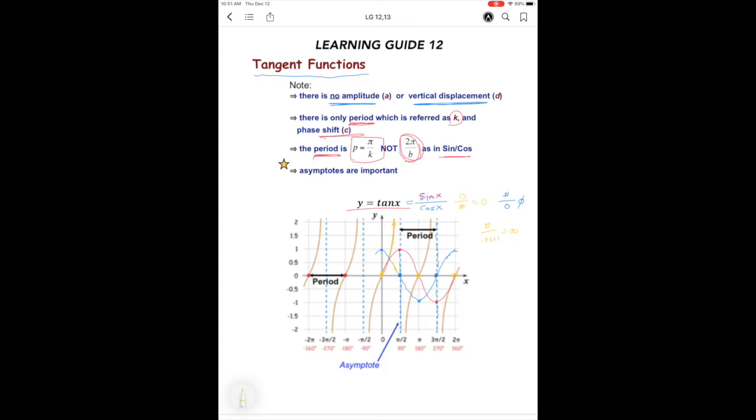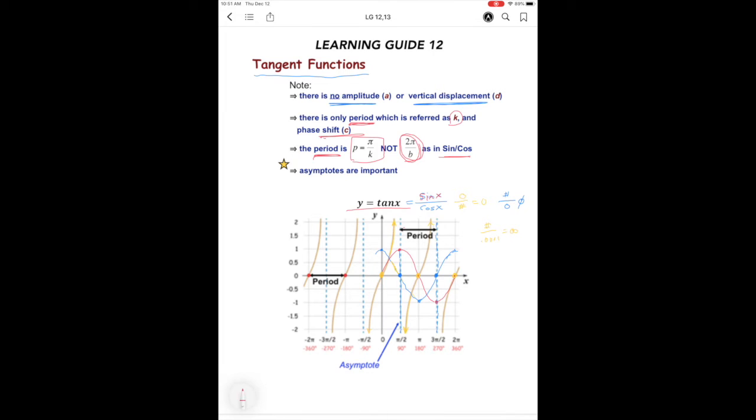That's why you see this guy shooting up. It's going up to infinity. And the same thing if it's going the opposite direction. This is coming up, so it's going down. So that's how you get the graph.